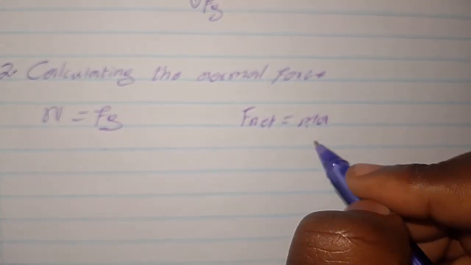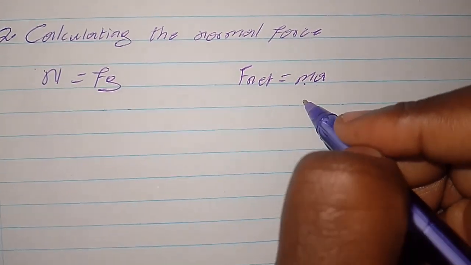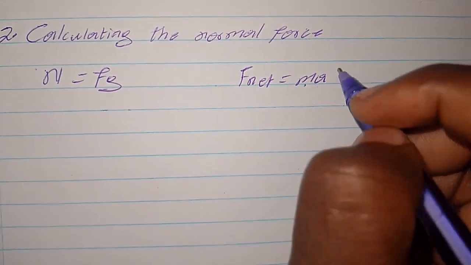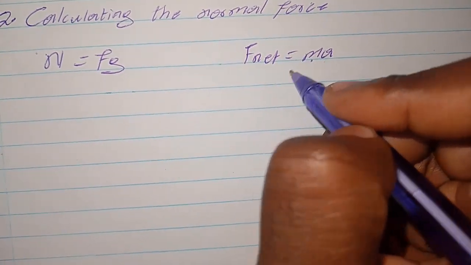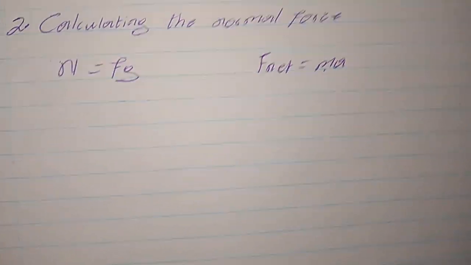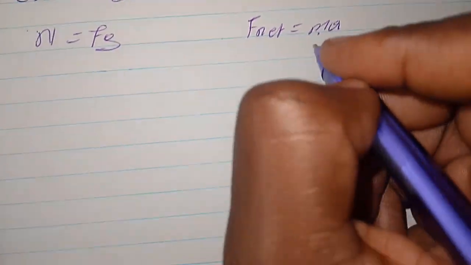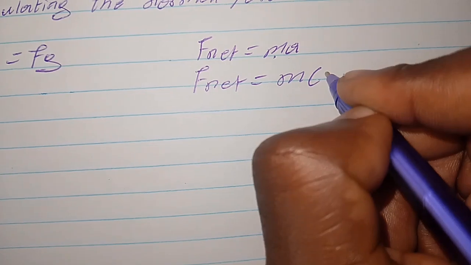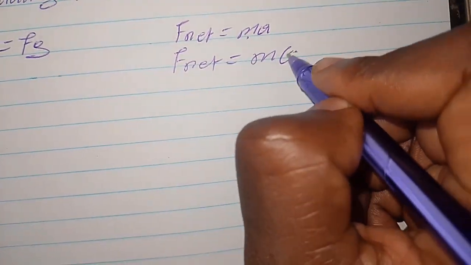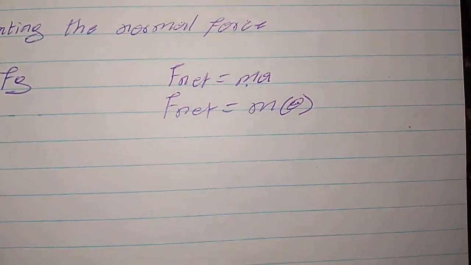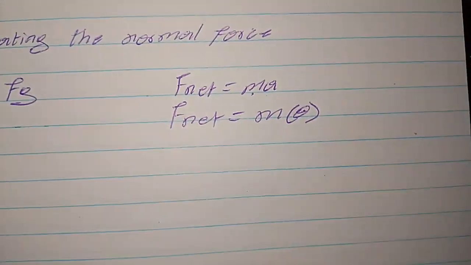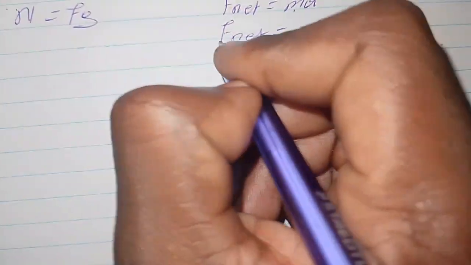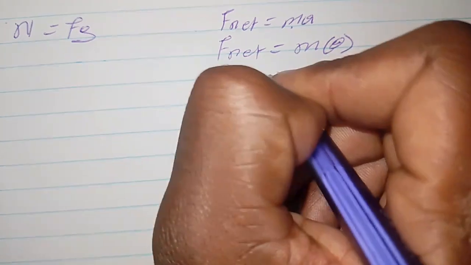Since we don't have any movement in the vertical path of the object, it means that F net will be equal to m times 0, because there's no acceleration in the vertical path of this object. So now F net will be equal to 0.